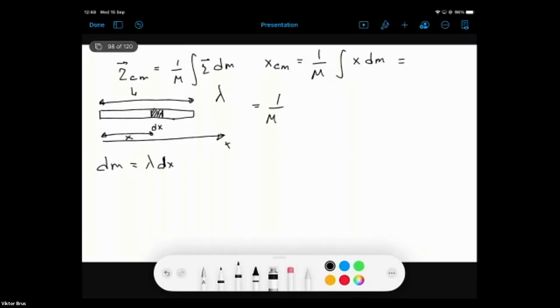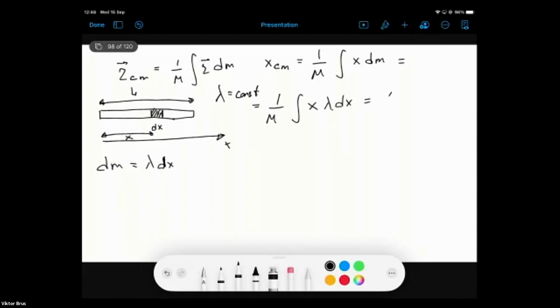1 over M integral of x, instead of dm we put lambda times dx. This lambda is a constant, so we assume that this is a uniform rod. Next time we will consider the case when it's not uniformly distributed.